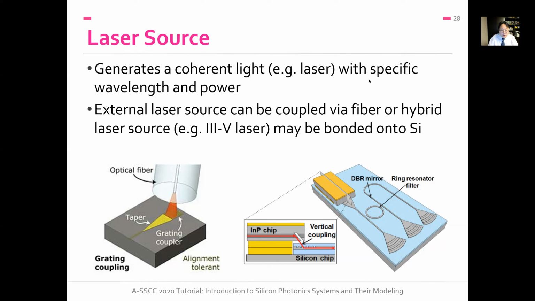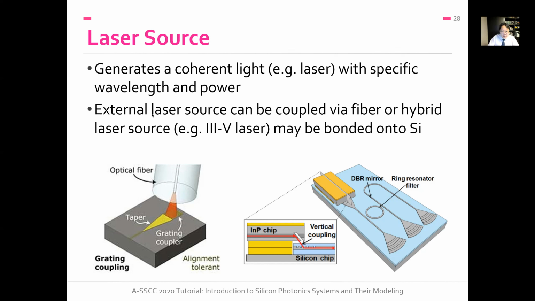Most laser sources will give you the light at a fixed wavelength and maybe variable power at a certain level of power. Some laser sources may generate multiple wavelengths as well.